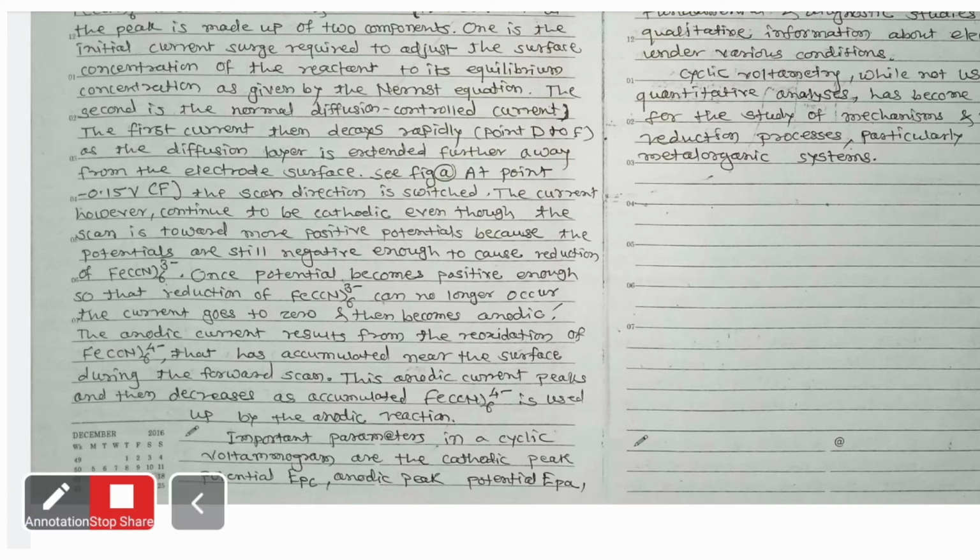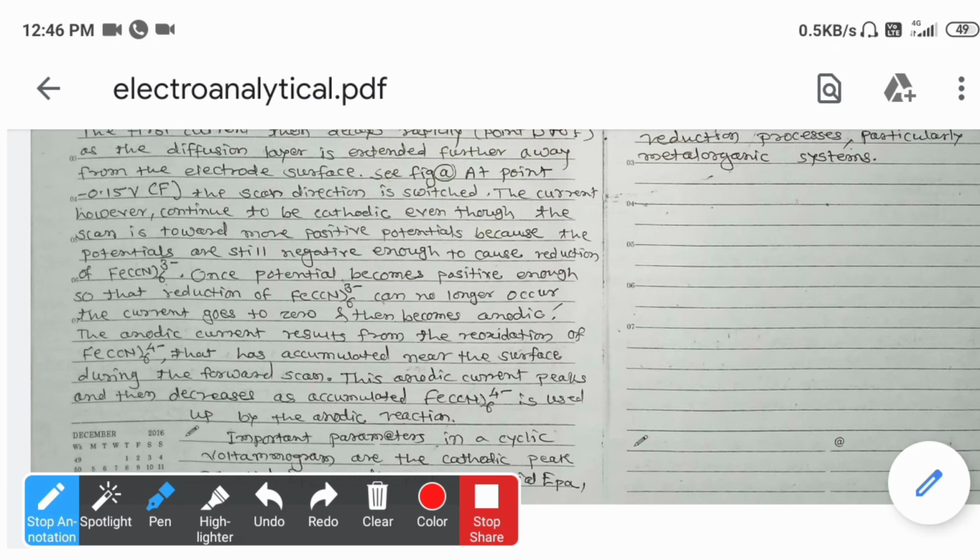So next, at point F, we have reached the potential value of minus 0.15 volt. The scan direction is reversed, and the potential is now made in such a way that it will acquire positive values. Okay, so from minus 0.15 volt we are now switching to plus 0.8 volt.